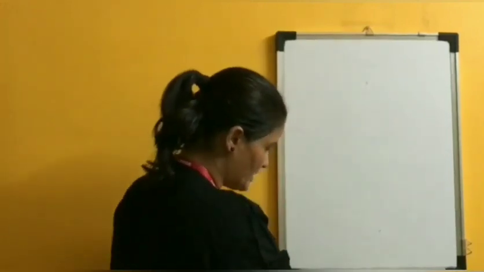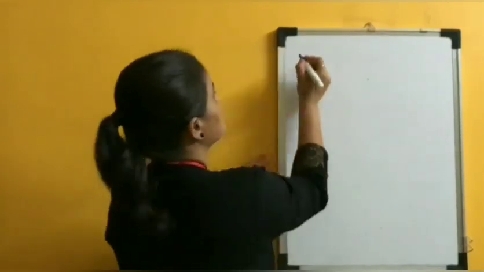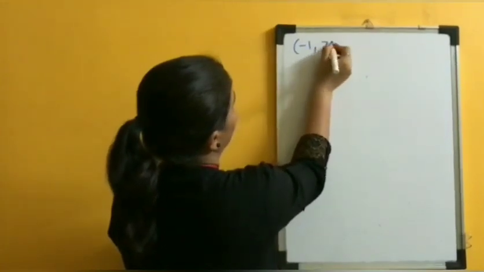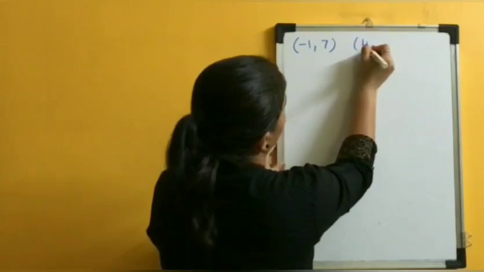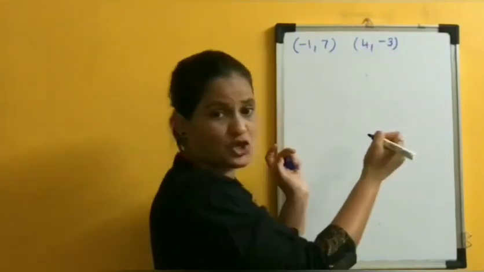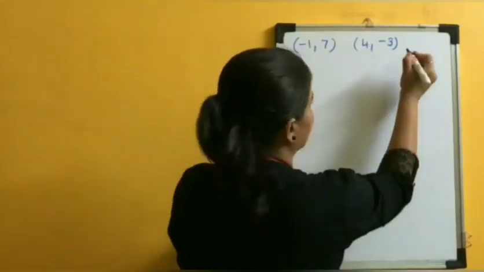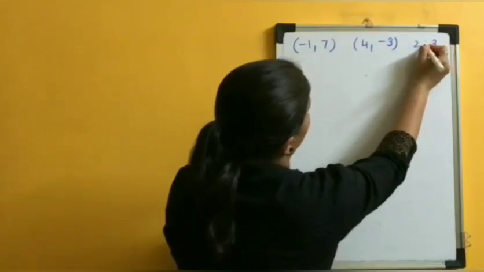So let's see a few examples. First is, find the coordinates of the point which divides the join of the points (-1, 7) and the second point (4, -3) in the ratio 2:3.